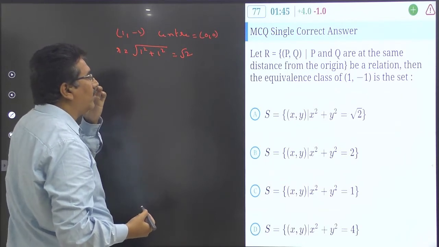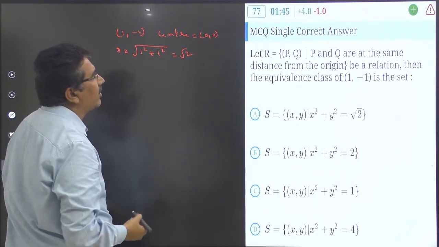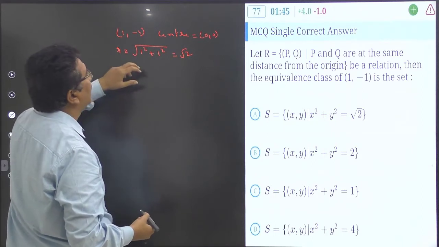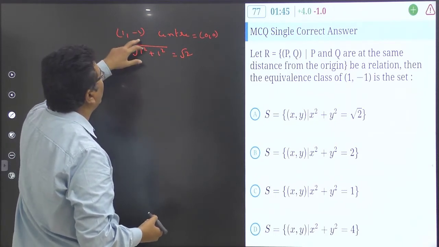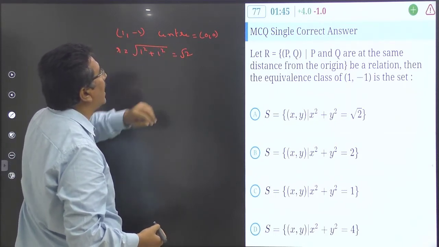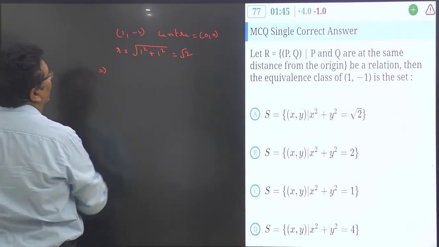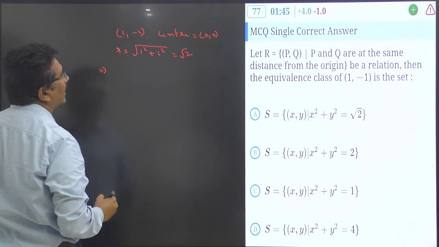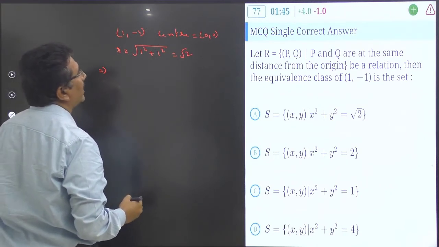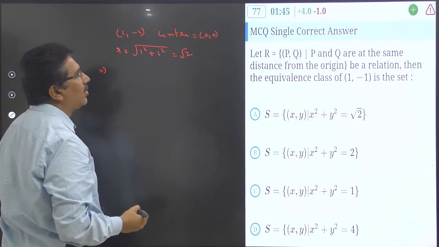Now the required equivalence class is a circle passing through 1 comma minus 1 with center at origin, that implies x minus x1 whole square plus y minus y1 whole square is equal to r square.